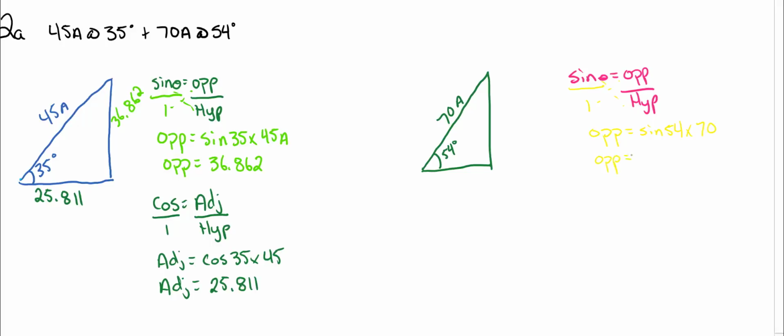Opposite would be equal to 56.631. Now we've got to do the adjacent. Isolate the adjacent.